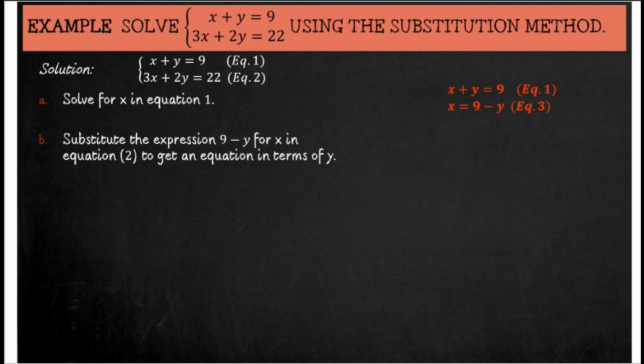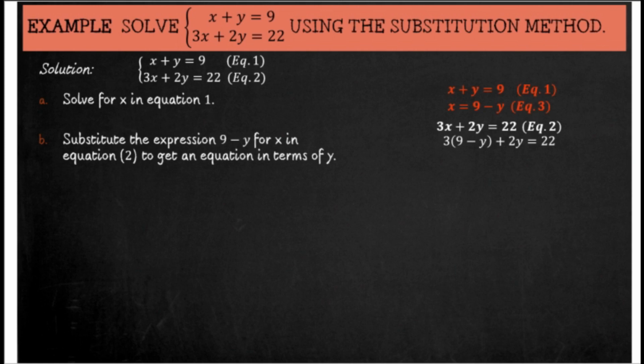Next, substitute the expression obtained in step 1, which is 9 minus y for x, in equation 2 to get an equation in terms of y. We have 3x plus 2y equals 22, which is our equation 2. We now substitute 9 minus y in place of x to get 3 quantity 9 minus y quantity plus 2y equals 22.